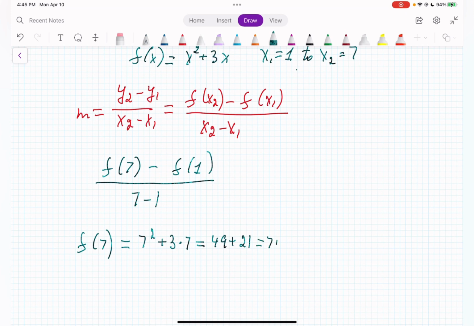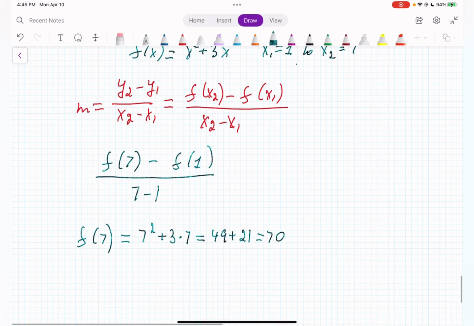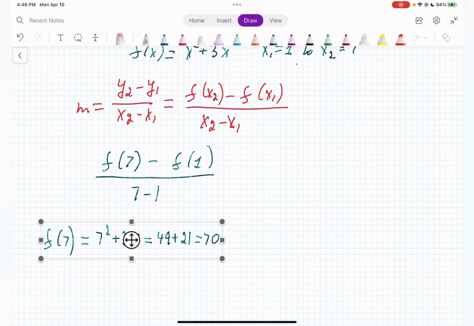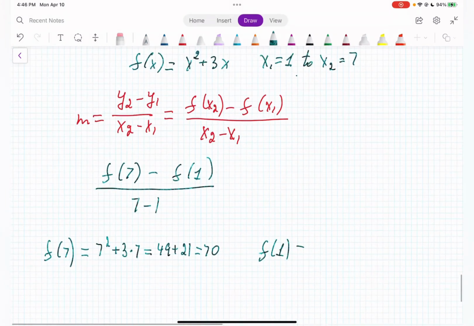And we are getting 70. Now, f of 1 is equal to x squared, which is 1 squared, plus 3 times 1. So it's equal to 1 plus 3, which is 4.